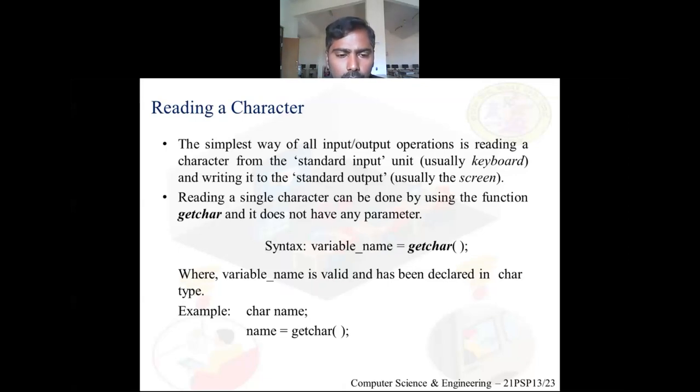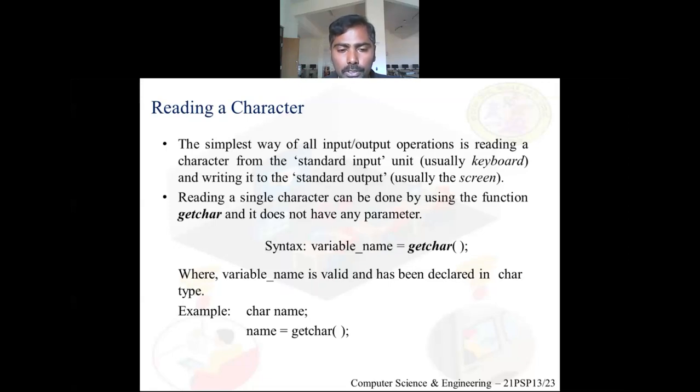Next, look at the next statement: name equal to getchar. Once the CPU executes this statement, the getchar function is invoked, meaning the getchar function is called. The getchar function reads a character from the keyboard.